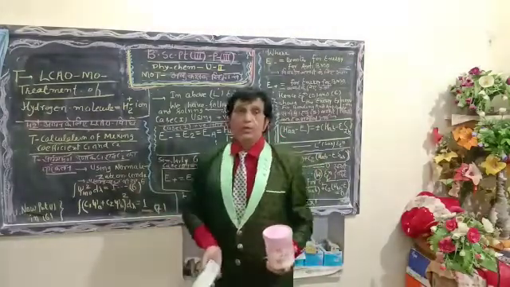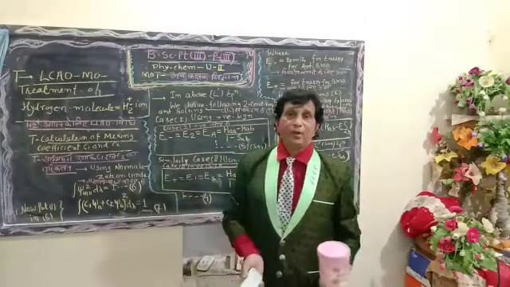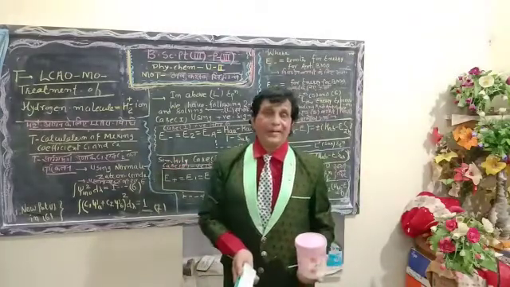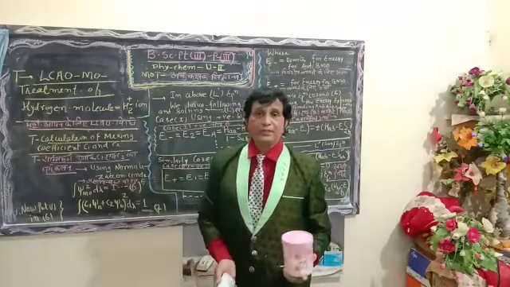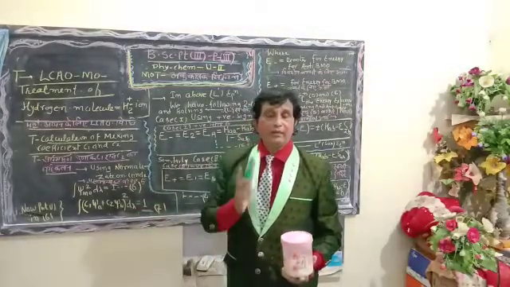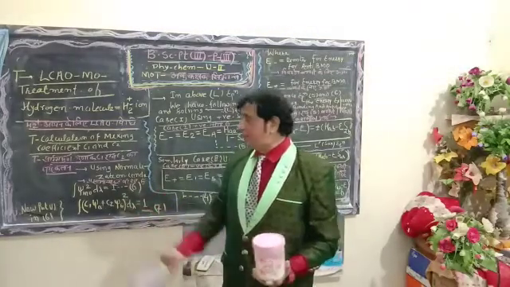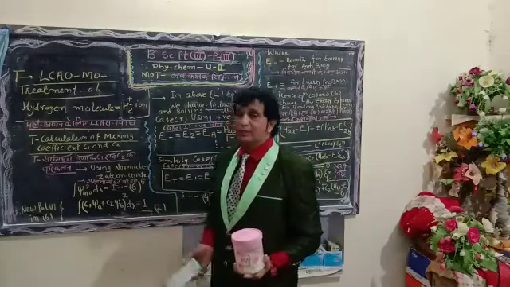Hence, to calculate the mixing coefficients C1 and C2, the next part of the LCAO treatment for the H2 plus ion, we put down the value of psi molecular orbital. Since psi molecular orbital from equation number 1 equals C1 psi A plus C2 psi B, its square d tau is equal to 1.